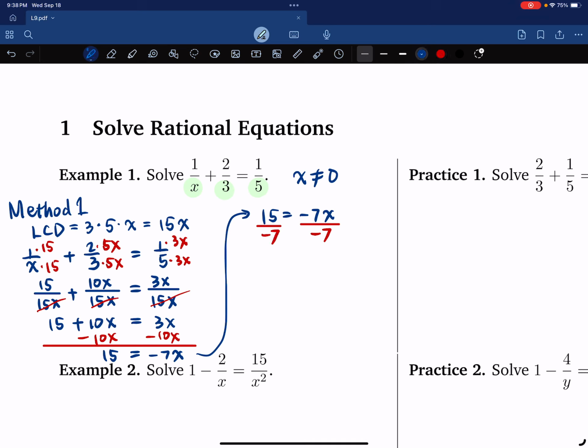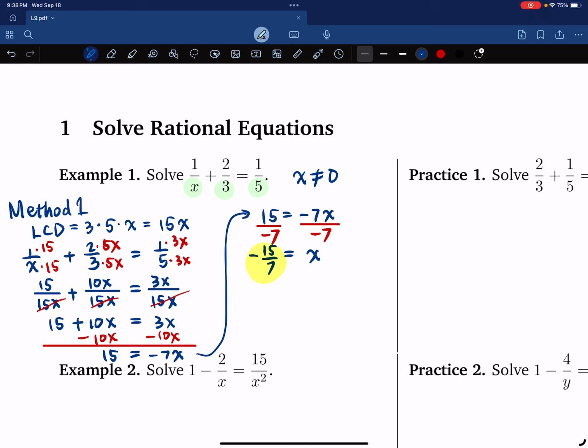Once you get rid of the negative 7 on the right-hand side, we have x. And then on the left-hand side, you simply write it as a fraction, negative 15 over 7. This number is not 0, so we can safely say this is the solution. And that's method number 1. If this method works for you, you could just use this method.